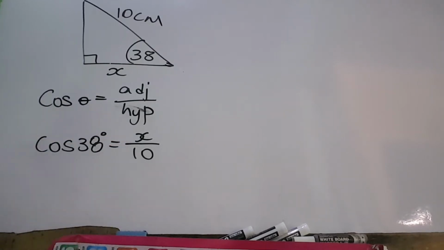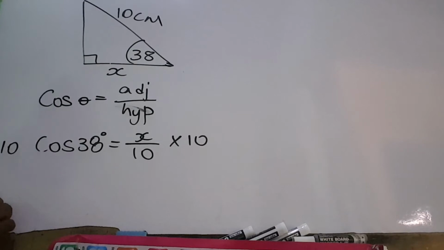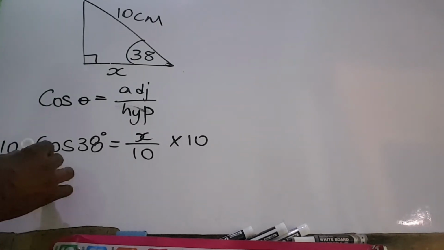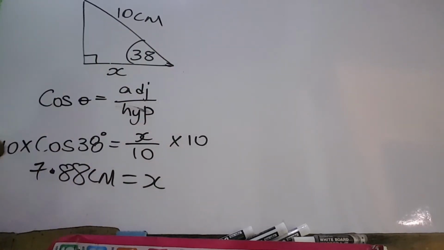My intention is to find x, so I could multiply both sides by 10, and then that's it. On our calculator we would put 10 times the cosine of 38, and we'll get 7.88 centimeters. That is this side.